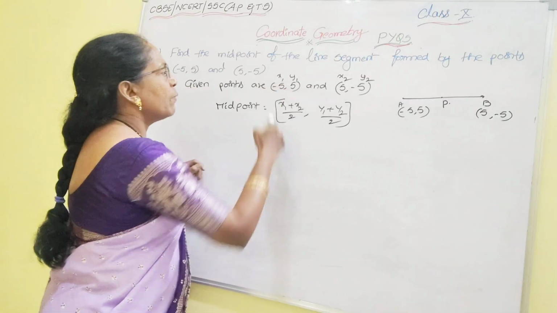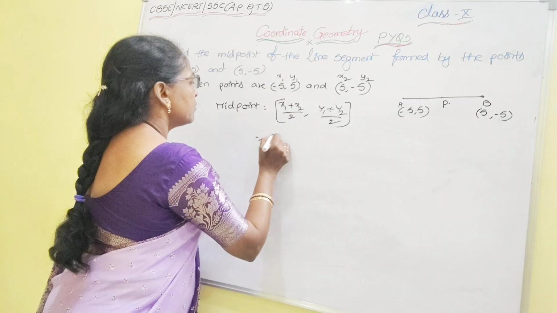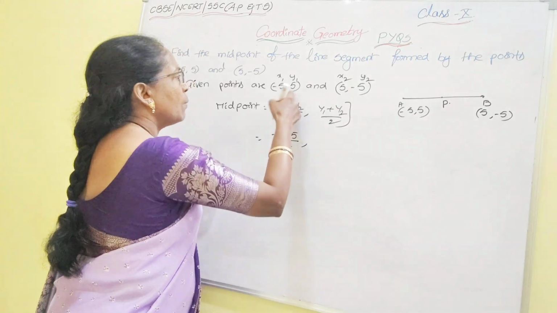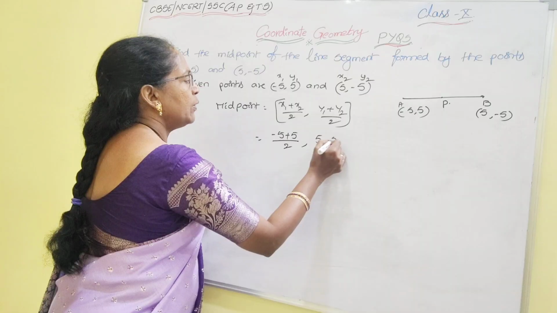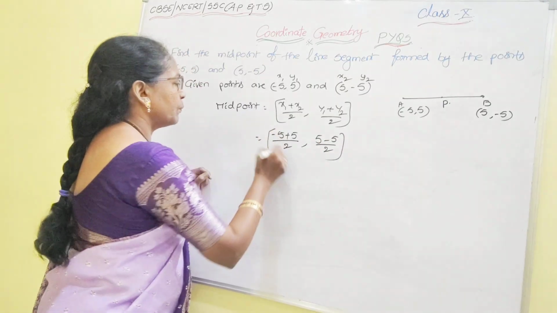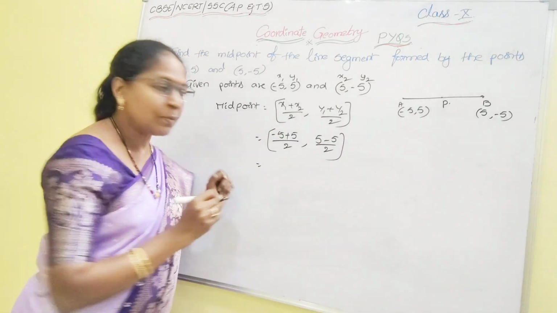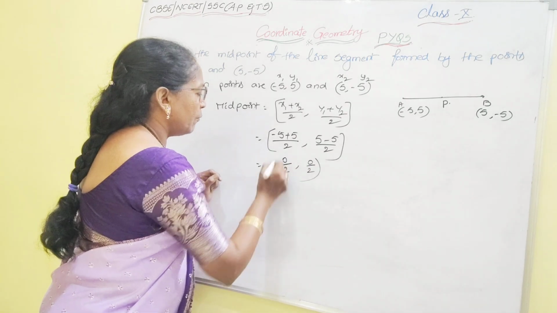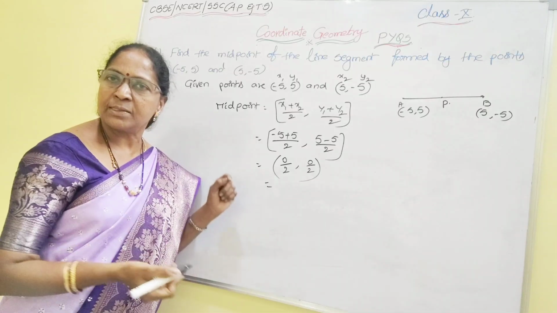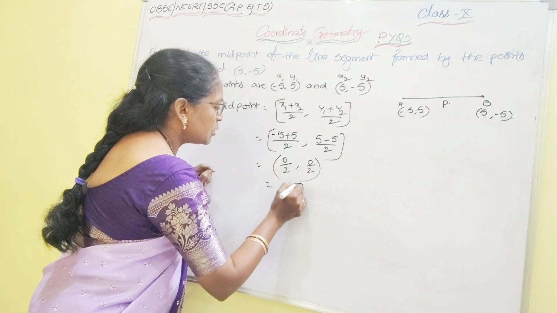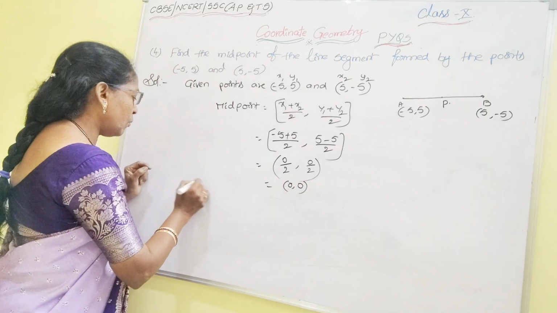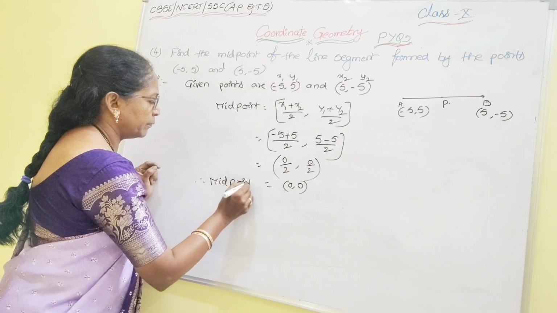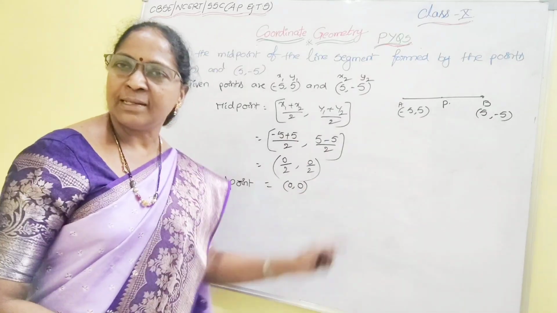Now substitute the values directly. x1 equal to minus 5 and x2 equal to plus 5 divided by 2 comma y1 equal to plus 5 and y2 equal to minus 5 divided by 2. Minus 5 plus 5 equal how much? 0. 0 by 2 comma here also 0 by 2. 0 by anything is also equal to 0. So 0 comma 0. Therefore, midpoint equal to 0 comma 0. This is the answer.